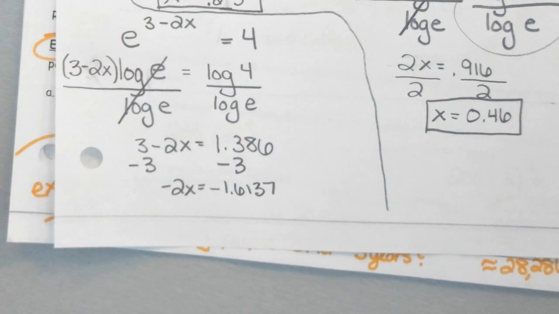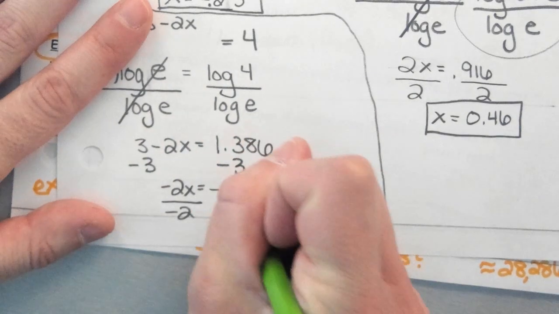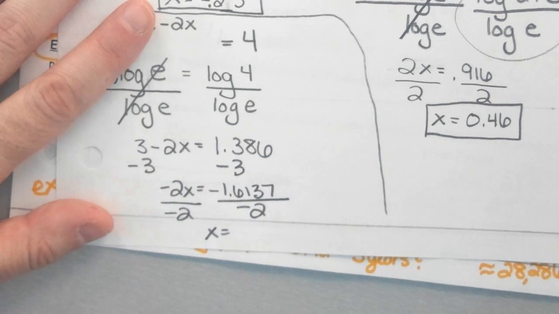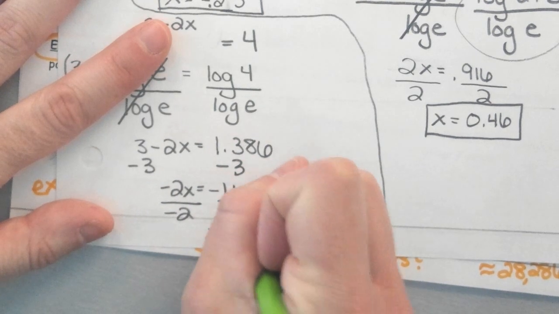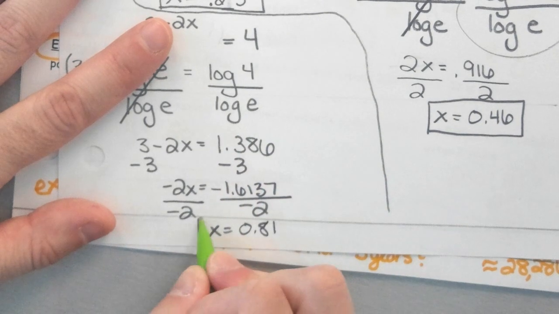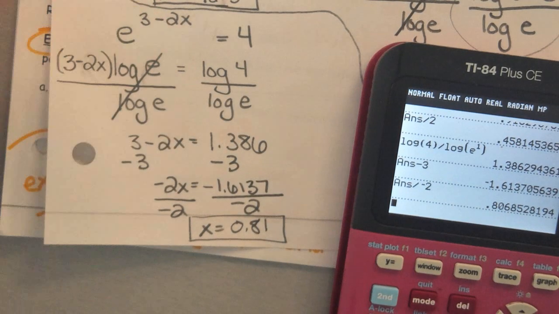And then what would I do to each side? Divide by negative 2. X equals 0.806 on my calculator, so I'm going to go 0.81 for that answer. And that's all we're going to do today.